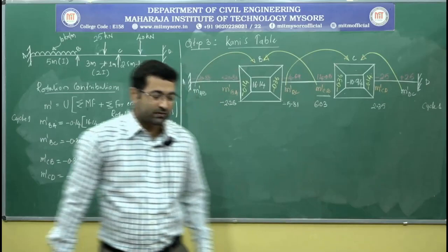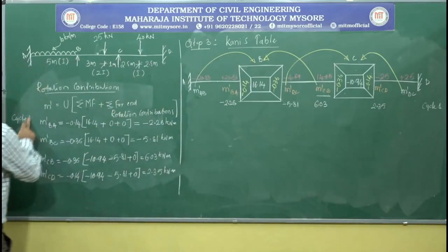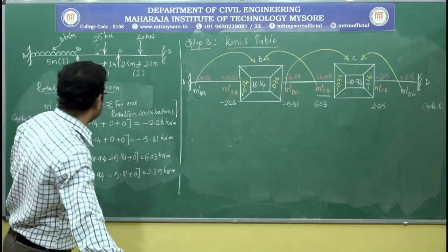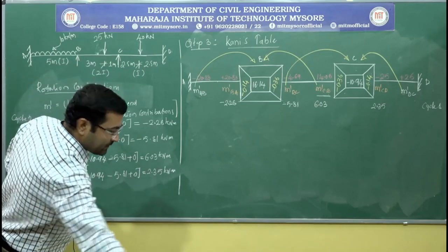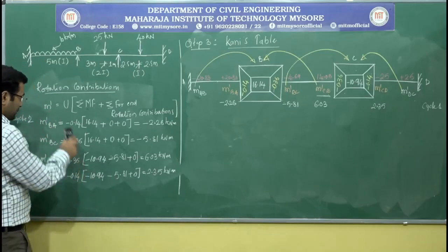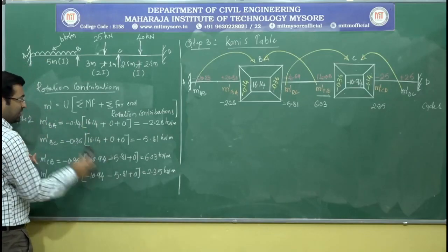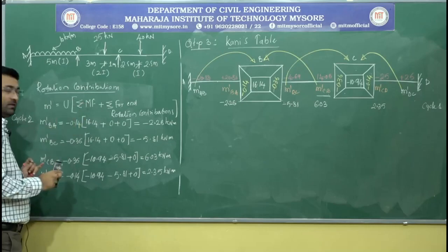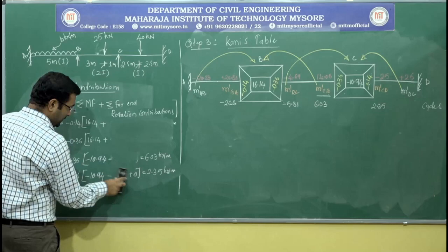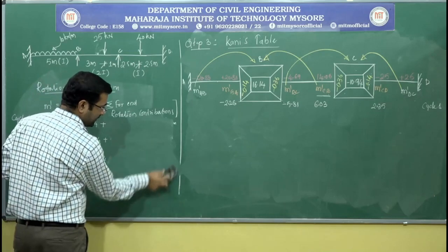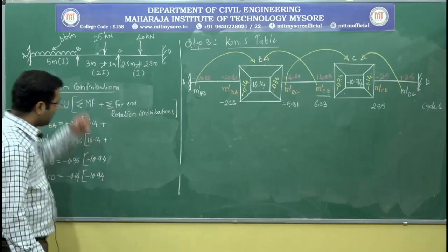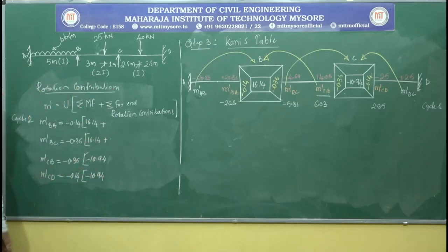Now if I go for the second cycle, cycle number 2, in this cycle this portion will remain the same, that is U and the fixed end moments. Only the far end rotation contributions will be changing, or else the remaining will be the same.